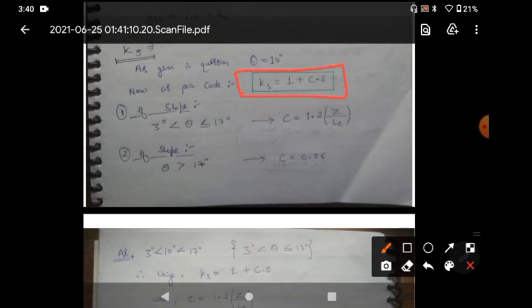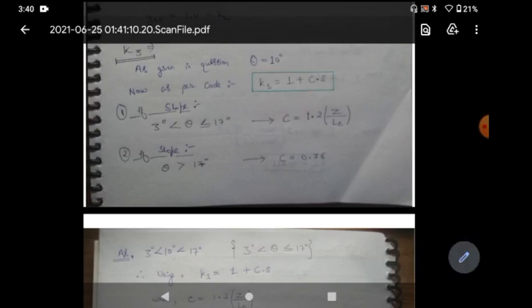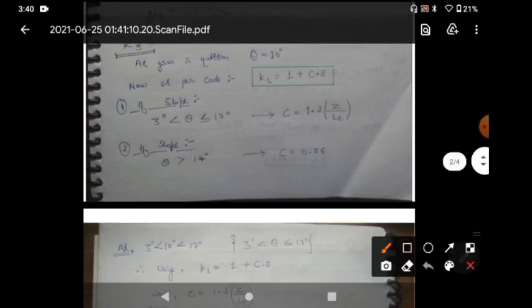Now I'm going to tell you how we can find the value of C and the value of S. There are two conditions which generally arise here. The first one is if the slope, that is the angle, lies between 3 degree and 17 degree.